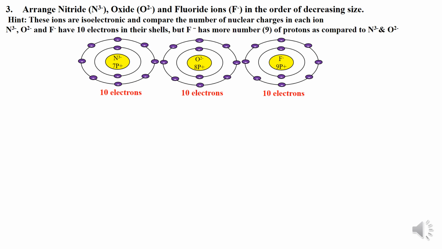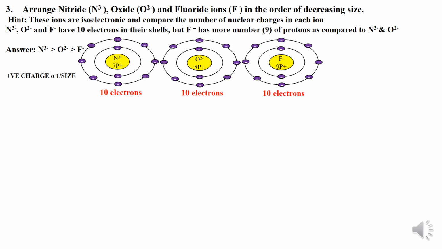So nitride, oxide and fluoride ions have 10 electrons in their shells, but fluoride ion has more number of protons as compared to nitride and oxide, and therefore which will be the smaller one? The smaller ion will be the one with more number of protons. So here you can find fluoride ion with 9 protons as compared to oxide with 8 protons and nitride with 7 protons.